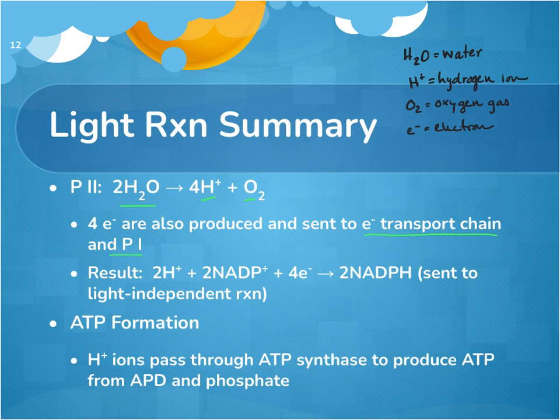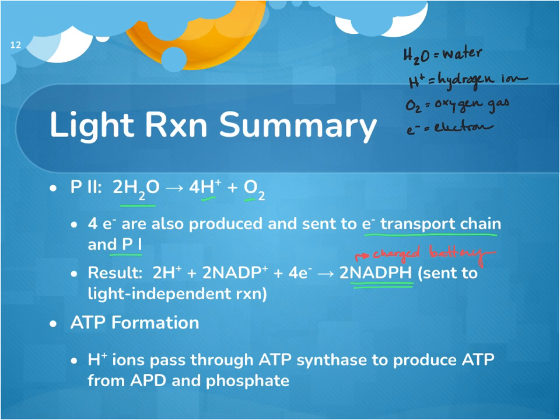The result of this is that we end up with hydrogen ions and NADPH, and the electrons binding together to form 2 NADPH molecules. That NADPH molecule behaves like a charged battery. It stores energy that's going to be used later in the light-independent reaction, which we'll talk about in a future lecture.